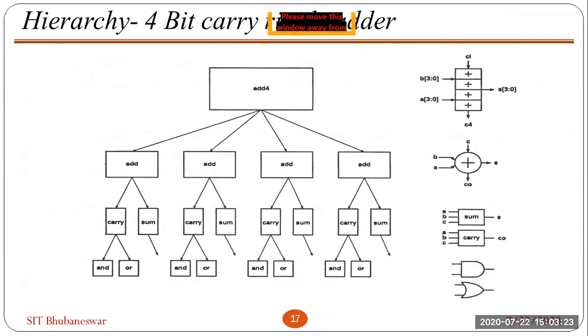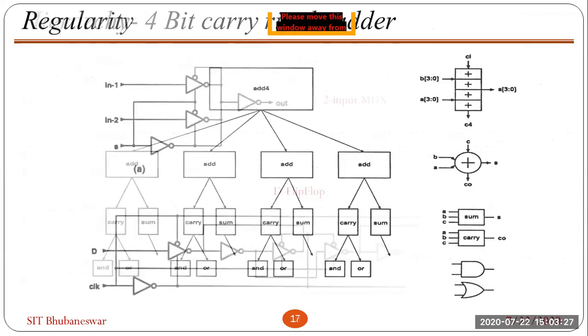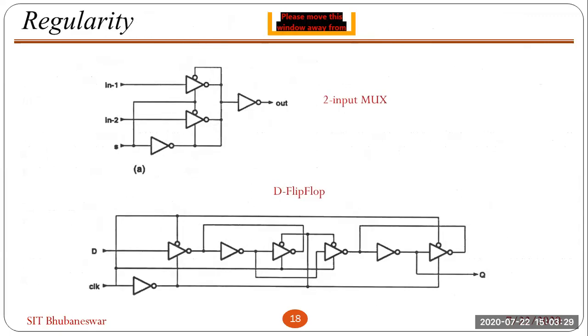So this is the hierarchical design example, and the regularity. Regularity means the same type of thing. See here, there are two designs, but the similar thing is the inverter or tri-state buffer. Once you have designed one inverter, you can use it in the D flip-flops wherever inverters are used.